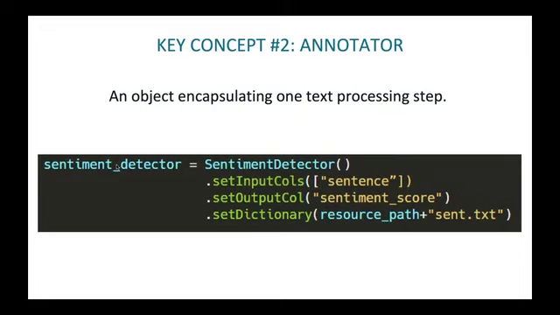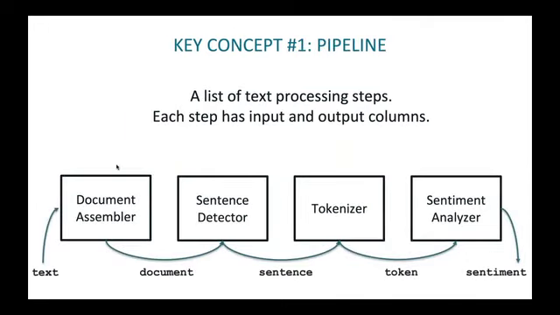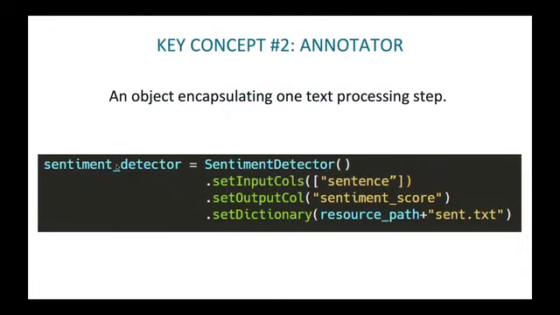The second key concept is an annotator. Each algorithm in a pipeline that does a step, for example a sentence detector or a tokenizer, is called an annotator. For example, here you can see the sentiment detector. It's an annotator, right? We initialize the algorithm and tell it, okay, you take the sentence column as your input, so you do a sentiment per sentence.